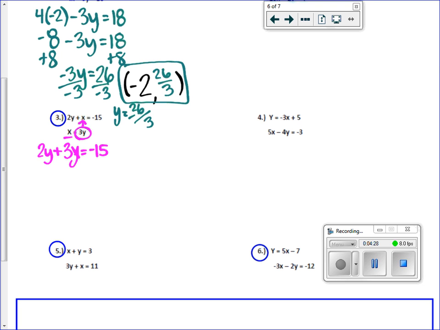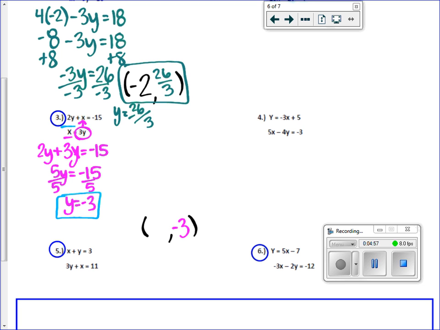And now we have an equation where it's one letter and we can solve for it. So 5y equals negative 15. And dividing by 5, our y value is negative 3. Remember, our answer is going to be an ordered pair. We just got the y value is negative 3, so now we're going to get the x value. To get the x value, we are going to plug that number we just got for y into one of our two equations.